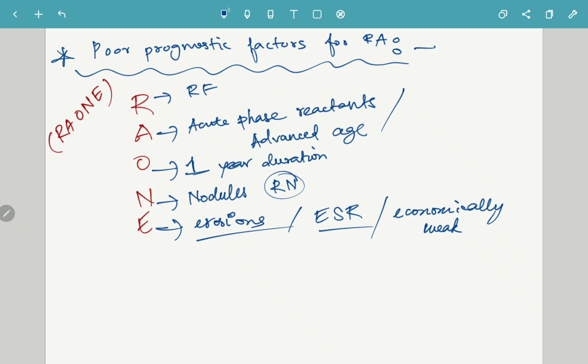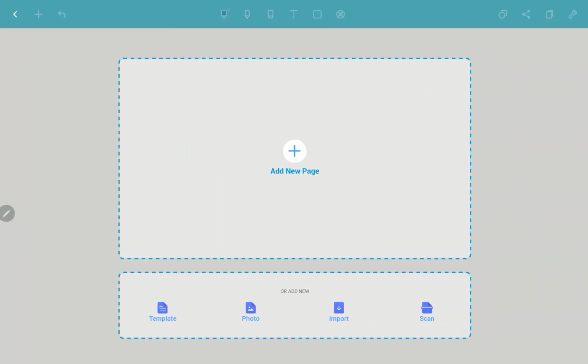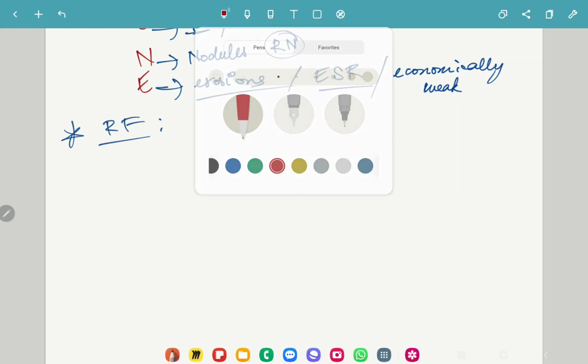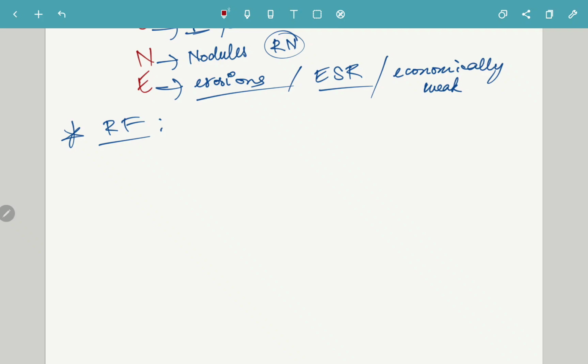Now moving on to the radiological features of rheumatoid arthritis. In the radiological features, there is going to be evidence of soft tissue swelling and joint effusion.